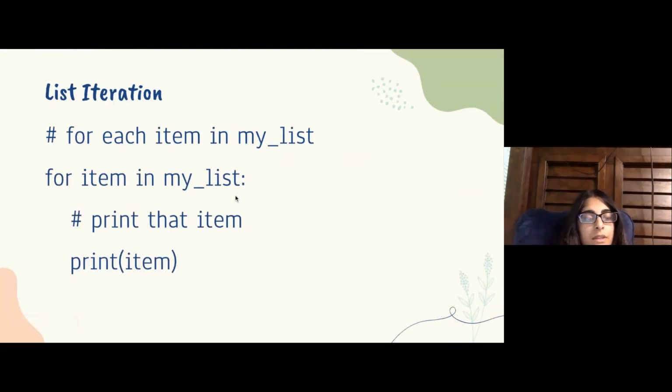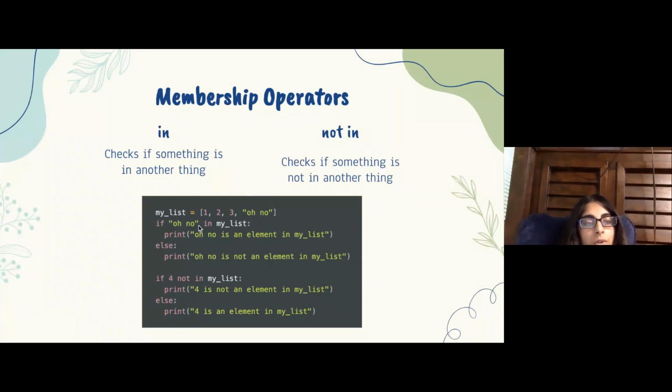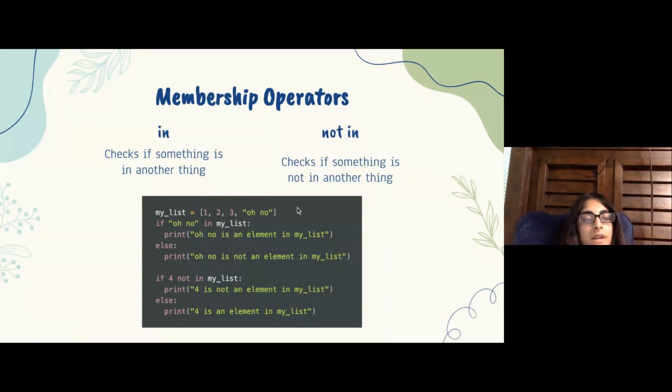For item in list goes through every item in the list, but we can also use it as a condition. So if oh no is in my list, it'll print it out. What's nice is you can check if something exists inside of a list here. You can also check if something doesn't exist in a list with that not in, which is just the opposite of in. So you can check if for is not in the list and do a condition based on that.